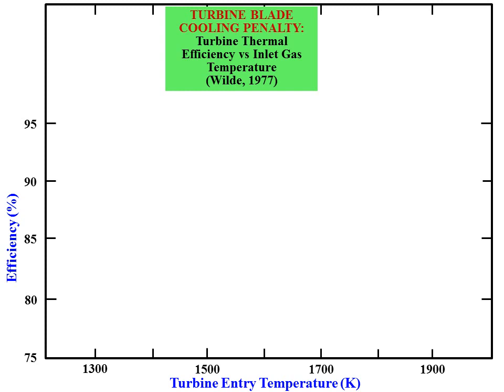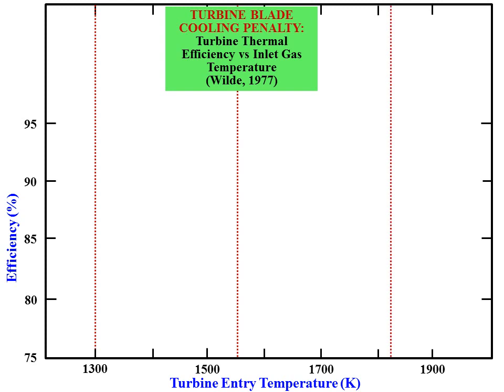The figure shows the relationship between the efficiency of the turbine versus turbine entry temperature. In the graph, we divide into four regions: first, second, third, and fourth. There are two curves involved in the graph.